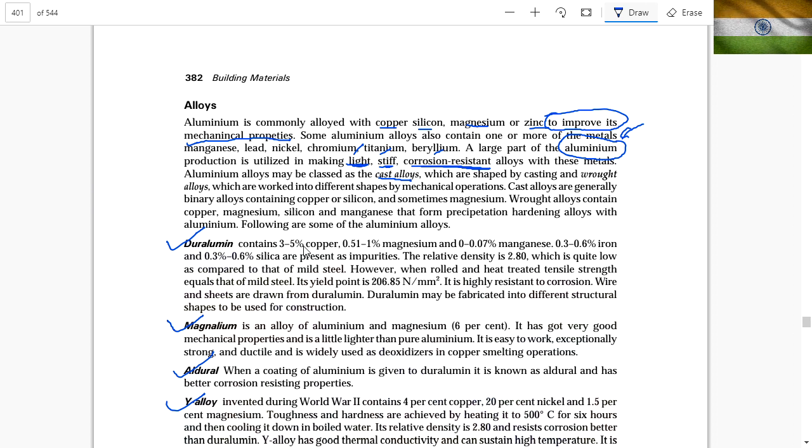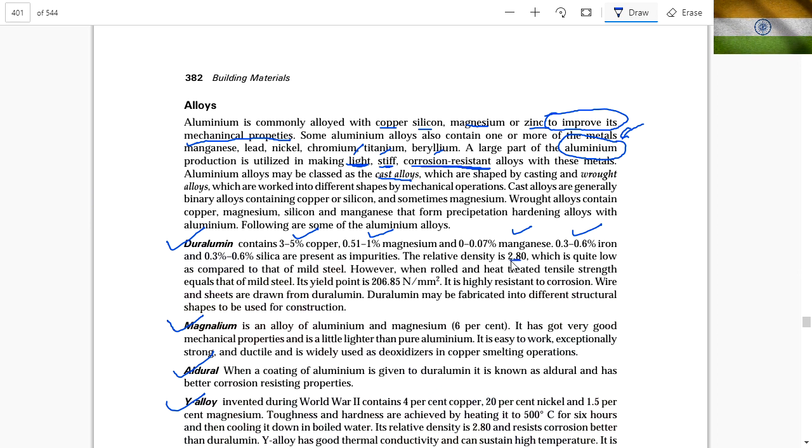Duralumin contains 3 to 5% copper, 0.5 to 1% magnesium, 0.3 to 0.7% manganese, and 0.3 to 0.6% iron and 0.3 to 0.6% silica are present as impurity.